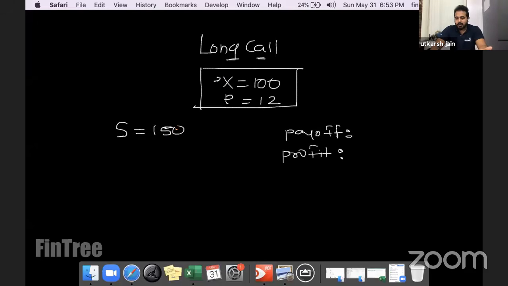The price in the market is 150. Will I buy? Yes. If I buy, what is the benefit I'm getting? Ignoring the premium, I'm getting a benefit of 50 rupees. That's my payoff. But a few months ago, when I bought the option, I paid a premium of 12 rupees, which means my net profit becomes 38. So the answer to this question is payoff of 50, net profit of 38. That's how we're going to do it.